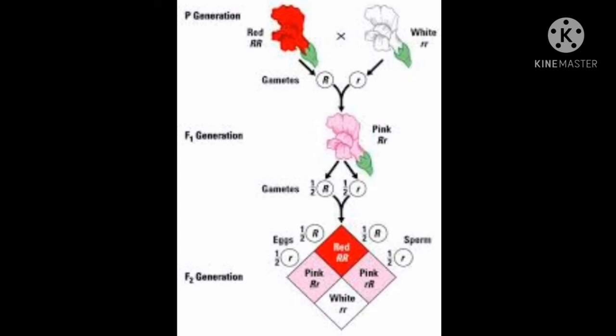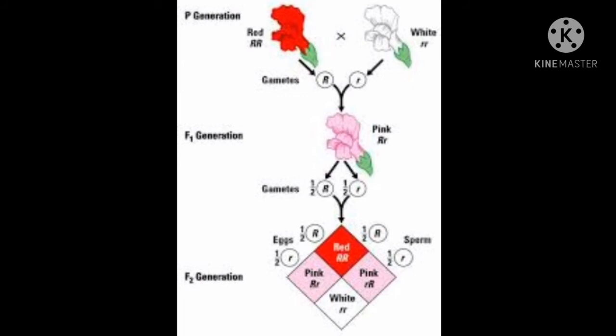Now see another example of incomplete dominance. In this figure, this is the flower of snapdragon. Again red and white, red with capital RR and white with small rr. That is the parental generation. As we know, the gametes will be formed by segregation, capital R and small r, and in the F1 generation the pink color will appear. That is due to incomplete dominance.